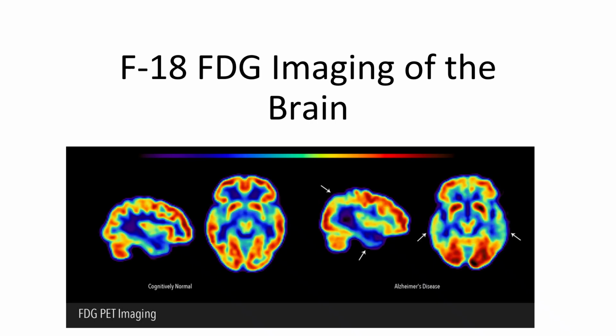And so this is a picture on your screen of somebody who is cognitively normal, who had an FDG study on the left, and then on the right, somebody with Alzheimer's disease, and you can see the arrows are pointing to the areas that are atrophied and are having hypometabolism of glucose, which means the glucose metabolism is decreased.